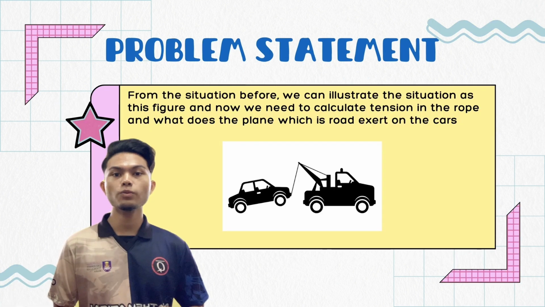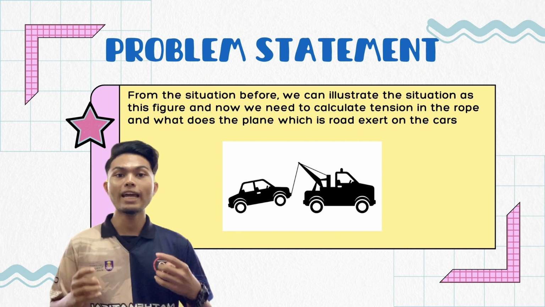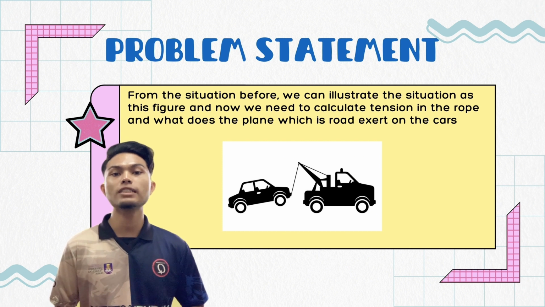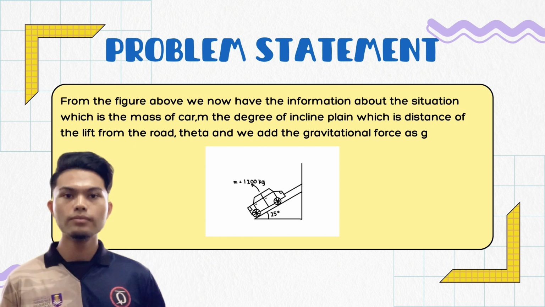Okay, now we proceed with the problem statement. From the situation before, we can illustrate the situation as this figure, and now we need to calculate the tension in the rope and what the plane, which is the road, exerts on the car.